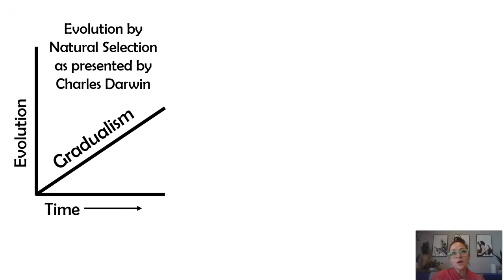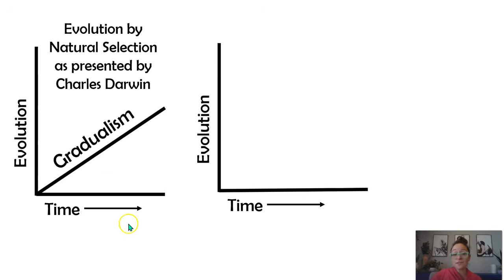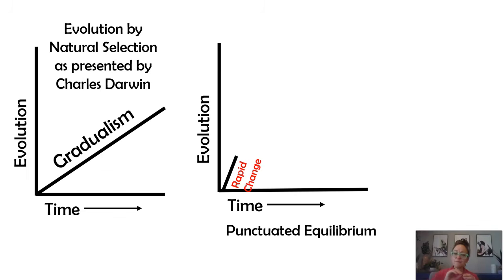And so when we try to explain how life evolves on planet Earth, Darwin presented natural selection as the mechanism, which would be like a gradual change in species over the years, versus punctuated equilibrium, which was first proposed in the 1970s to explain how life evolves, is where we have like a rapid change.